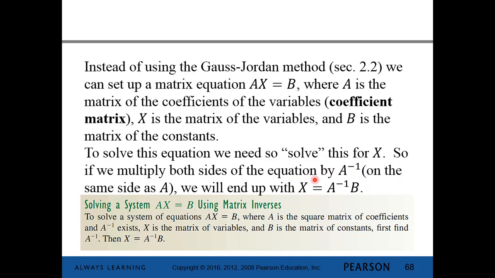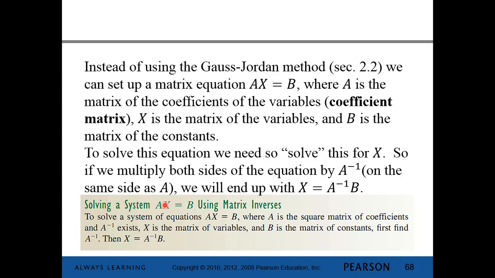So if the inverse exists, then we can solve the system of equations, and we know that the variable matrix is going to be equal to this. The solution for the variables comes down to just this multiplication, which we'll see in a few minutes.